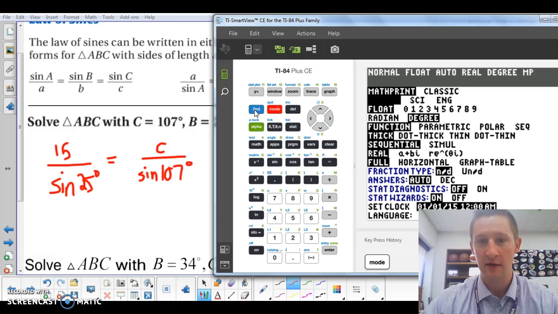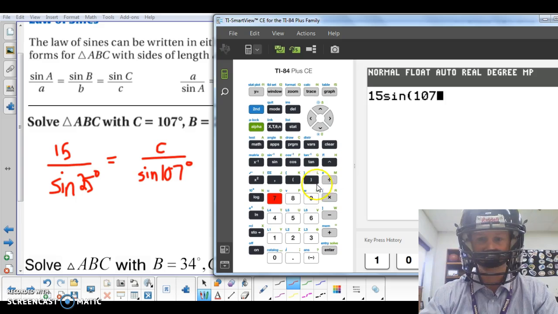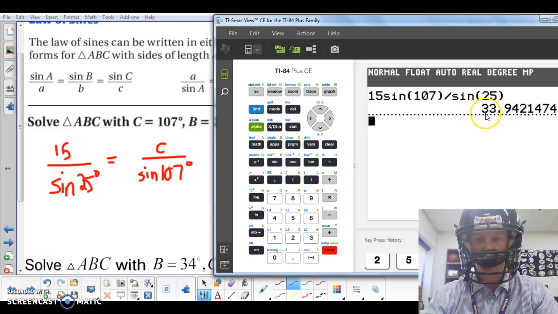Good. 15 times the sine of 107 divided by the sine of 25. I hit enter. I get 33.94. So that means that side length C is about 33.94. I'll go ahead and write that down.